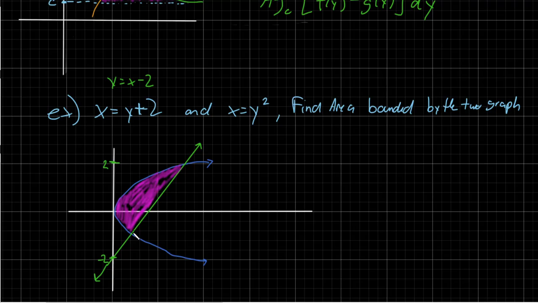So I need to find this point right here, this point right here, and this point right here. How do I find those 2 points of intersection? Should take my 2 functions and do what?